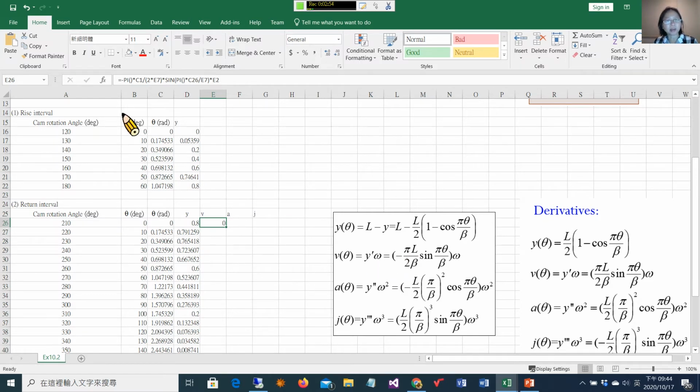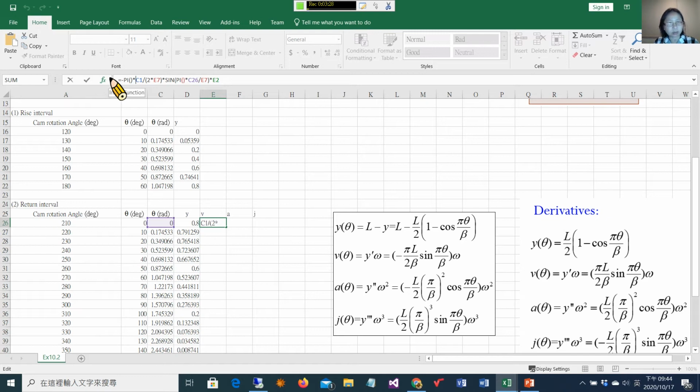Minus pi times L divided by 2 beta times sine of pi times theta divided by beta and times omega is correct. So let me see. C1 is fixed, E7 is fixed, and E2 is fixed.